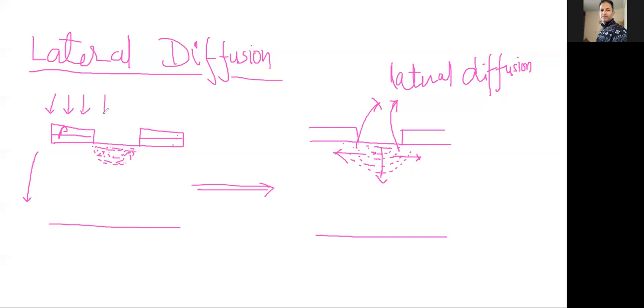So when we apply dopant, of course we have stopped dopants from reaching our substrate from these areas. In these two sides, our dopants have not reached.